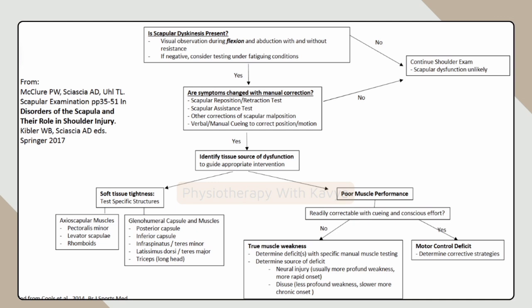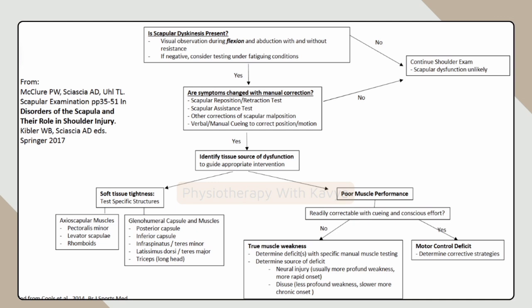We need to look if scapular dyskinesis is present. If it isn't, we continue with shoulder examination because scapular dysfunction is unlikely. So, if we have scapular dyskinesis, we further go into checking if these symptoms can be corrected manually, like through scapular assistance test or scapular reposition test.